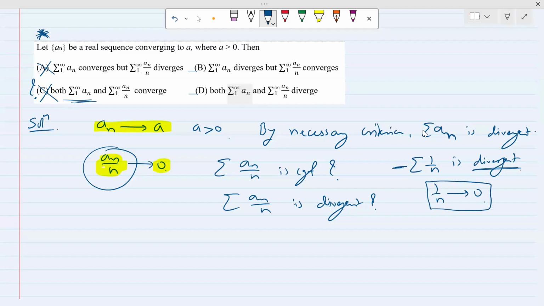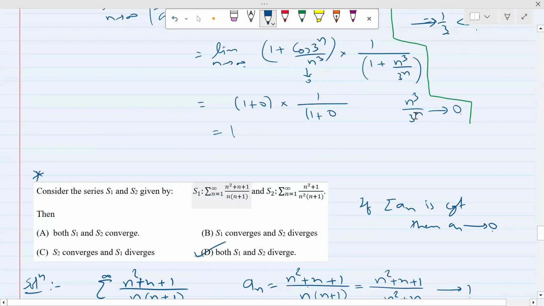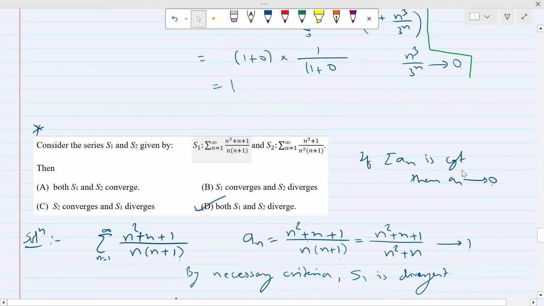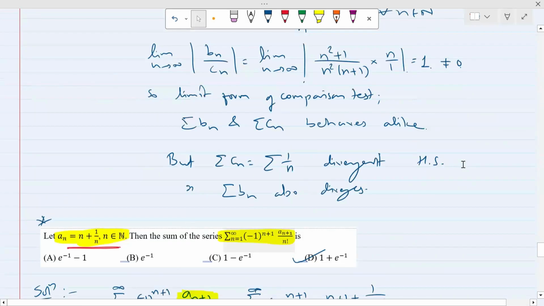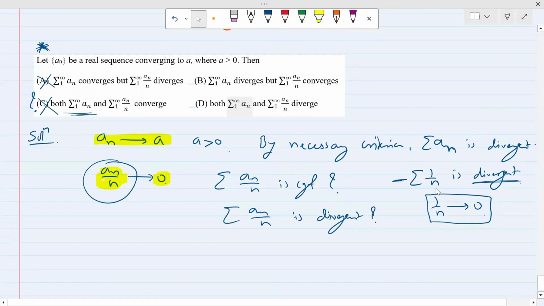I have written only one direction: if summation an is convergent, then an goes to 0. I haven't written the converse because it is not true. And this is the counterexample: 1 by n goes to 0, but still the series is divergent. So you cannot conclude by using the necessary criterion that the series an by n is convergent.